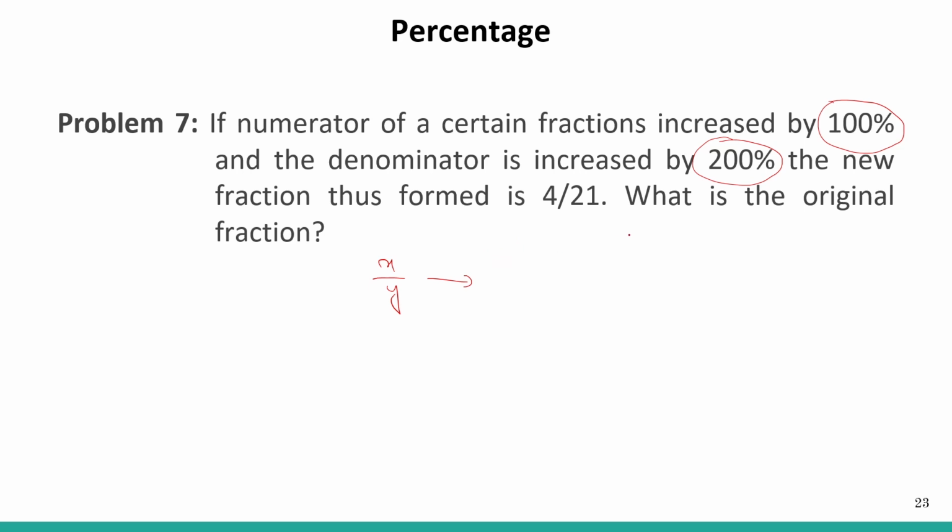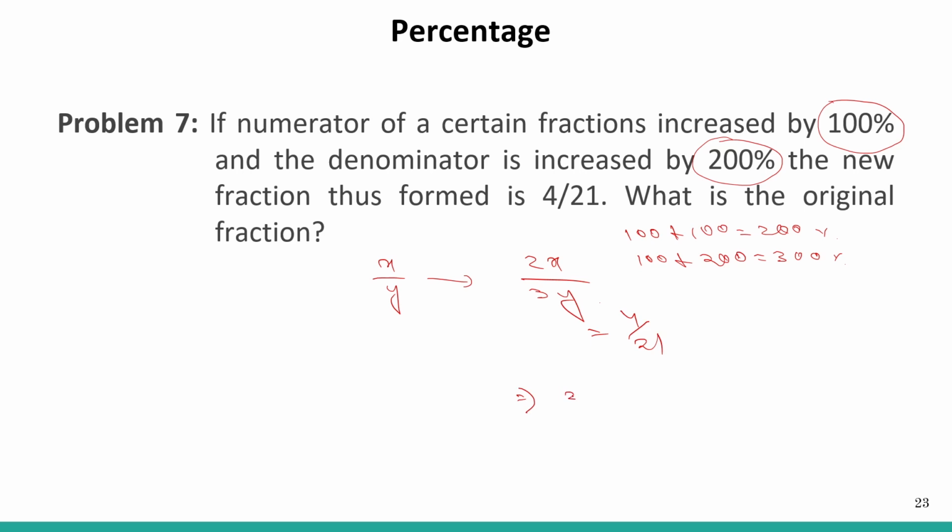So it becomes 200%, as 100 plus 100 is equal to 200. So it becomes 2x, and the denominator is increased by 200%. So 100 plus 200 is equal to 300%, right? So it becomes 3y. So this is nothing but 4 by 21 as per the given details.